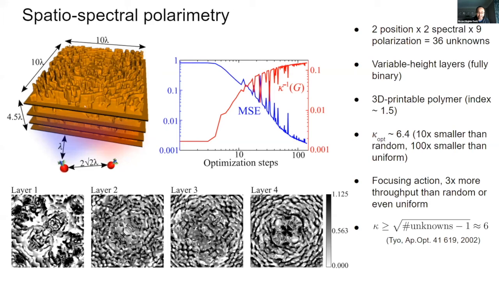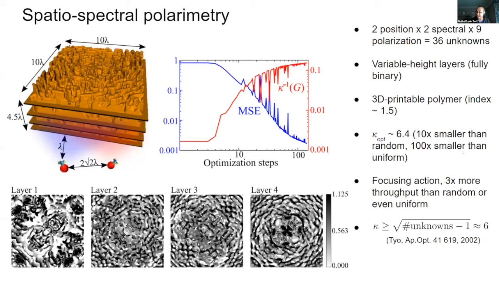Because if there is nothing here, the light from these point sources, these are high angle, right? So they just spread out. But in the presence of this structure, this actually has a focusing action. It turns out that it is leading to 3 times more transmission throughput than random or even uniform structures.